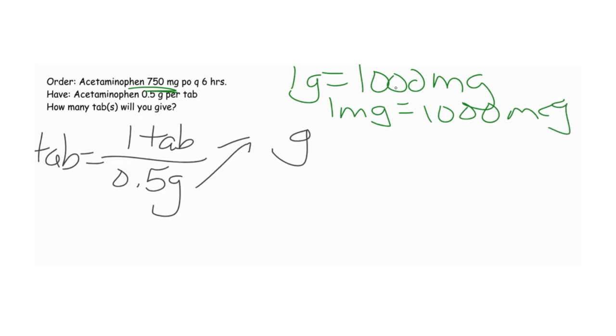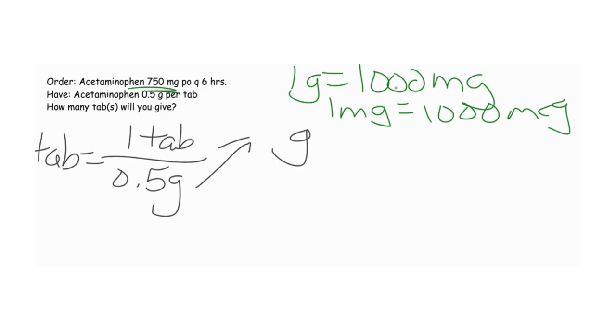Those are ones that you just have to commit to memory. Those two are common conversions used all the time. So it's not going to hurt you. It's only going to help you if you commit those two to your memory.